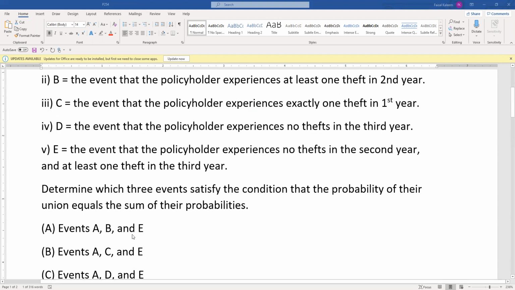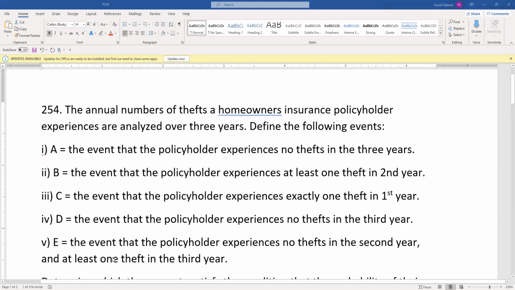And then the last one was E. E says no thefts in the second year and at least one in the third year. So again, if A happens, A is saying no thefts in any of the 3 years, so E cannot happen because E is saying that there is a theft in the third year. So that means that if A happens, then both B and E are ruled out.